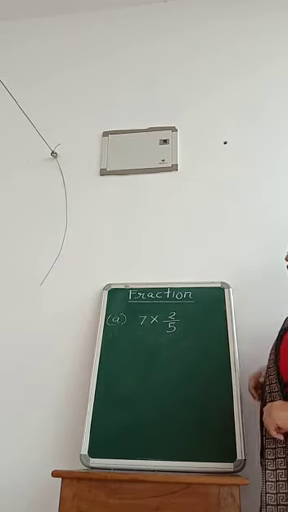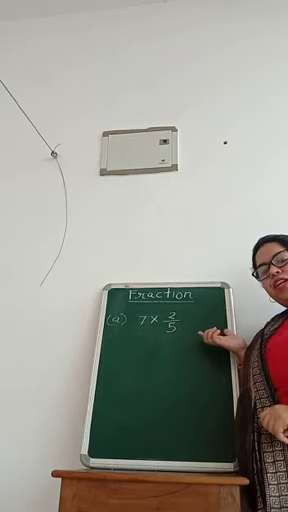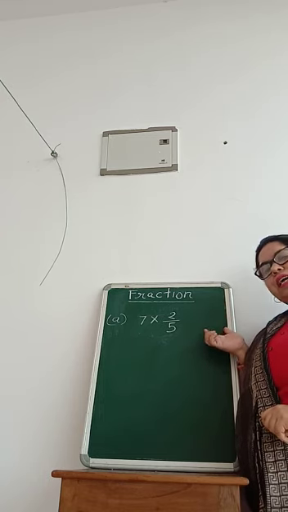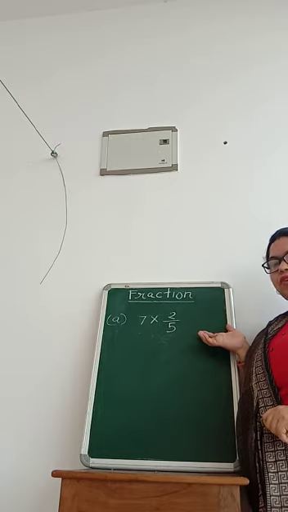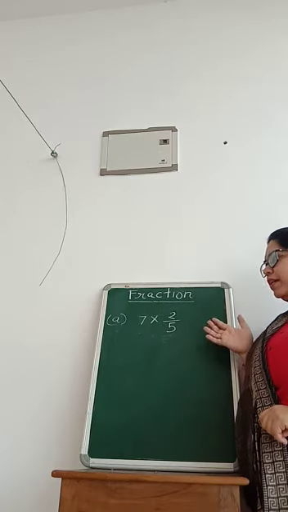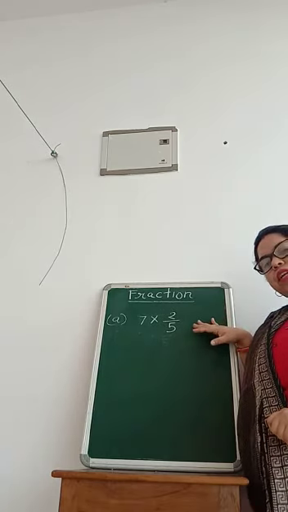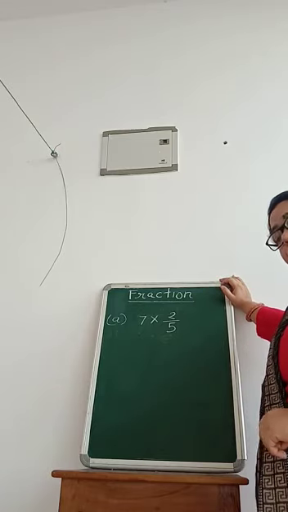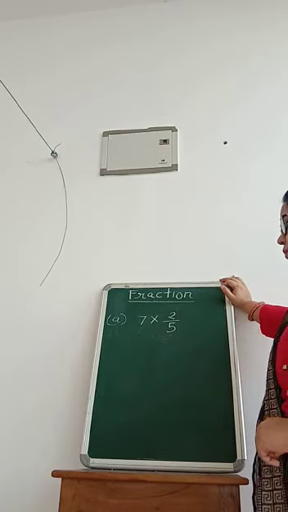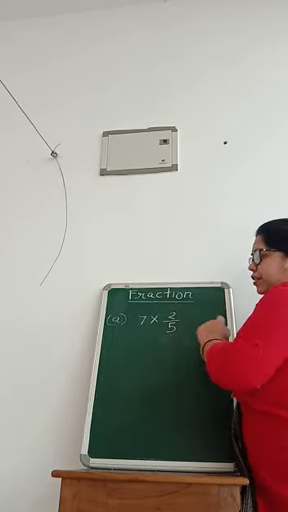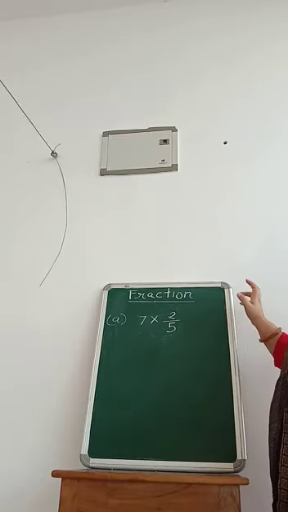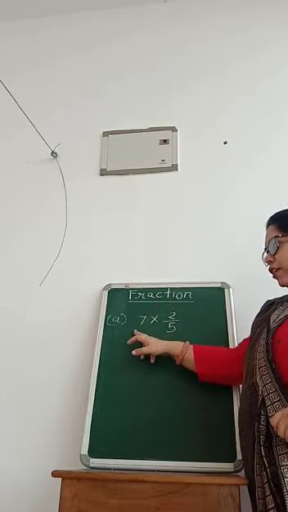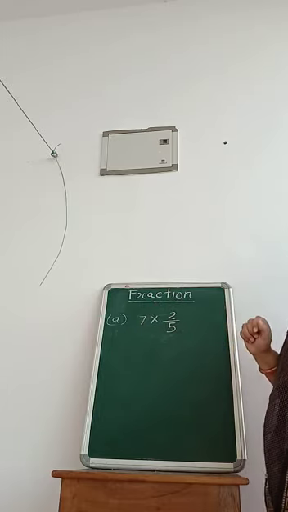So what we did in addition or subtraction, we found the LCM first. Yes or no? Yes. But in multiplication, no need for finding the LCM. Understood? In multiplication, we will multiply the numerator with the numerator, the denominator with the denominator.